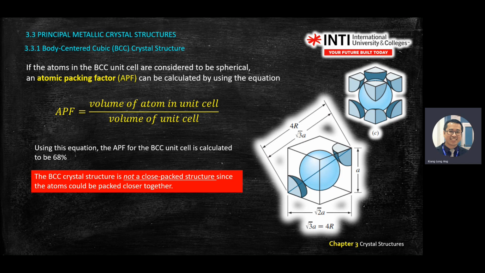Wait, something is wrong. Oh, sorry, I made one mistake here. There's no 3 here for R. So here is 3. So you cancel the R and pi, you divide, do the calculator, you get 0.68.